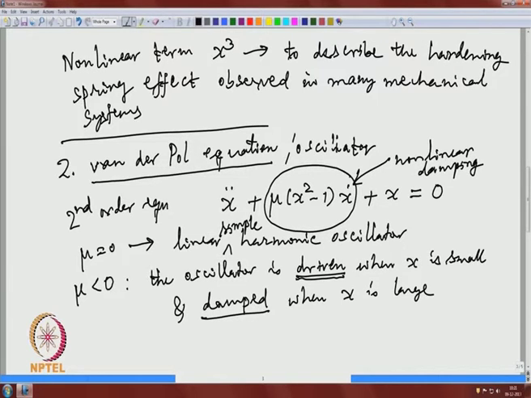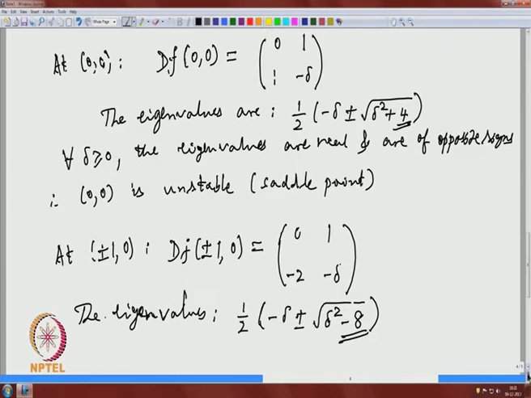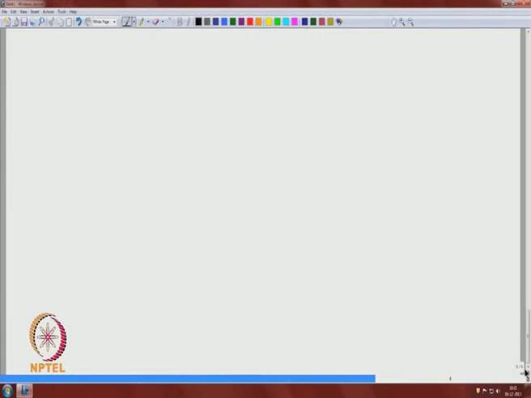So, effectively what we expect is this figure. We will check that 0 0 is the only equilibrium point in this case, whatever may be mu. When you start the solution near 0, it just moves around and tries to approach a periodic solution.